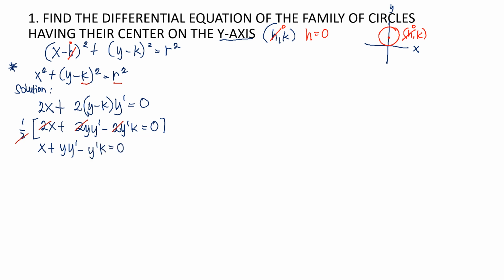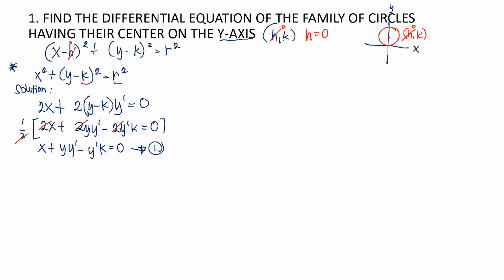Okay. So, we have the first differentiation. Meron na tayong isa. Okay? This is our equation number 1. But since we have the remaining k, from here pwede na nating ibukod yung k.